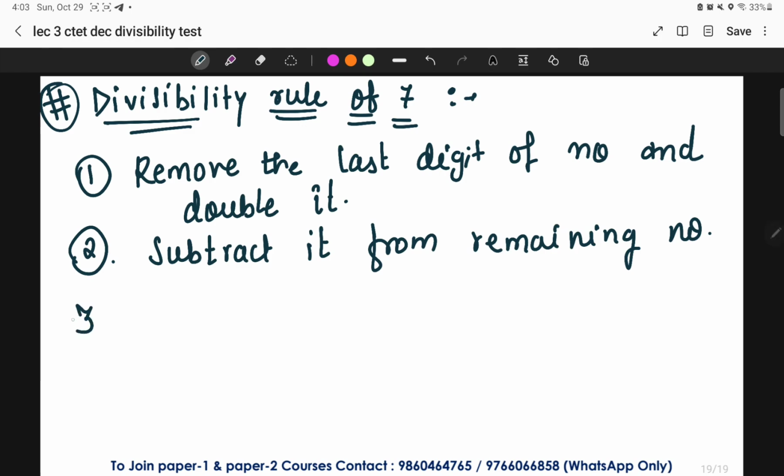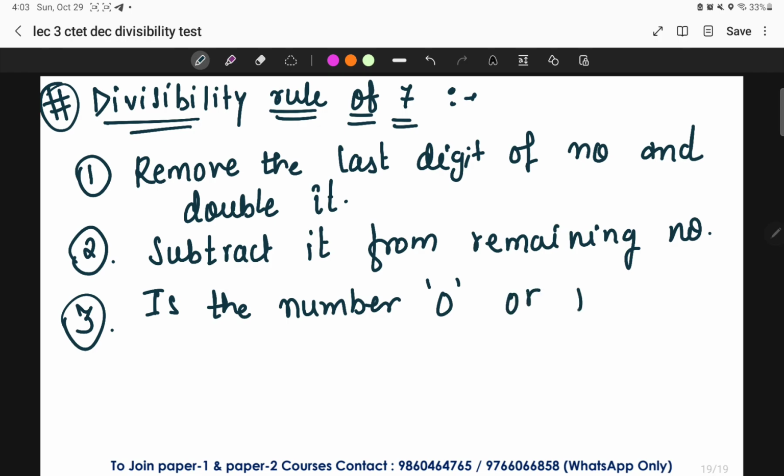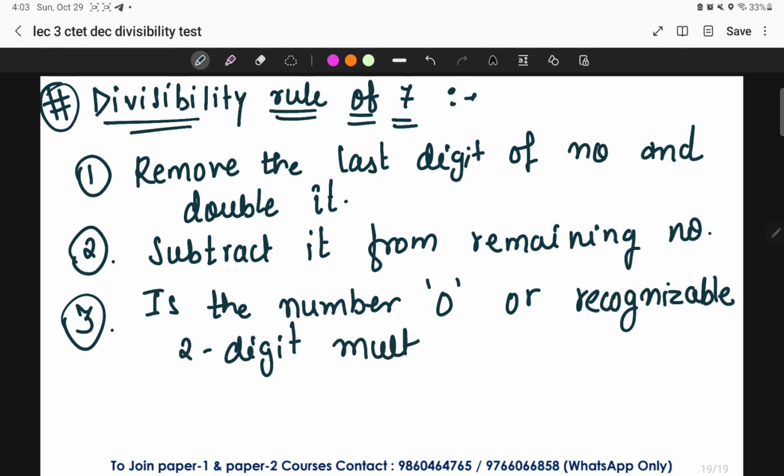Step number 3: you have to check whether the obtained number is 0 or a recognizable two digit number which is a multiple of 7.